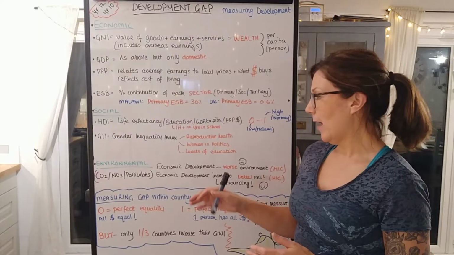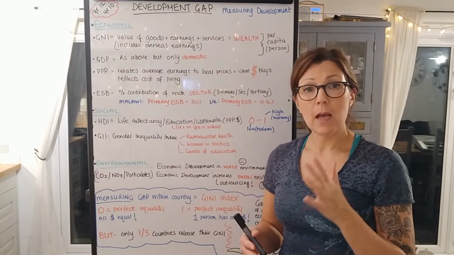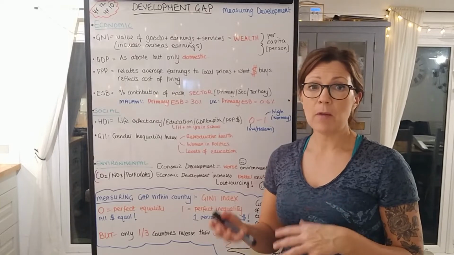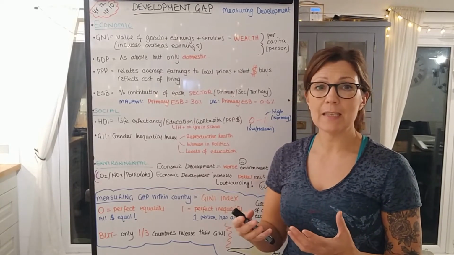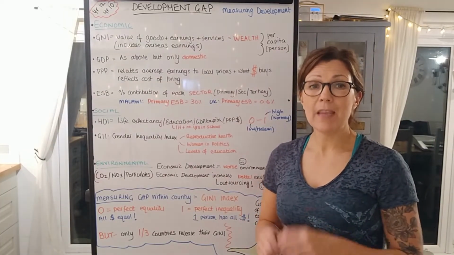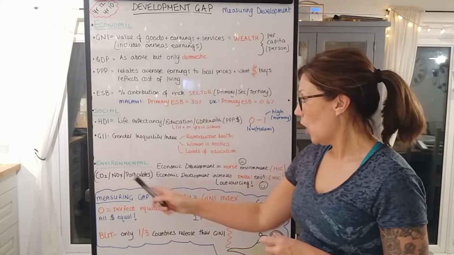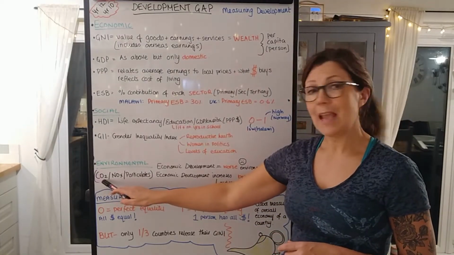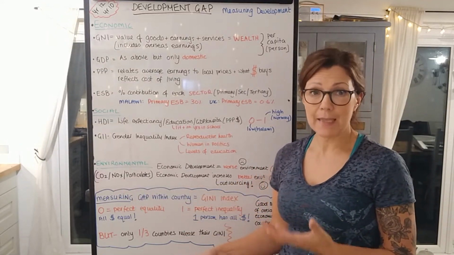And that's due to the fact that if most of the population are involved in primary production, then the amount of CO2 that's released, because the amount of electricity that needs to be generated, etc., is often lower. The amount of mechanisation will be lower. So the air quality in places like sub-Saharan Africa will actually be quite high in terms of measuring in the atmosphere carbon dioxide, nitrous oxide and particulates, things like that.